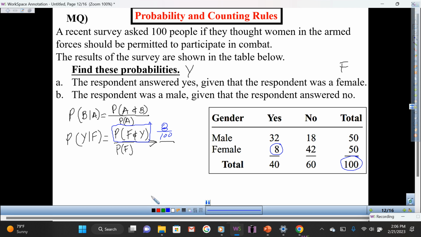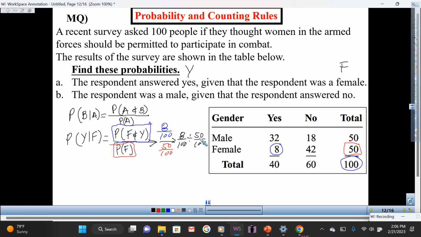Next, P of F, that means female. What is that, everyone? 50. 50 out of what? 100. And once again, we can't have fractions over fractions, so we write 8 100ths divided by 50 over 100.